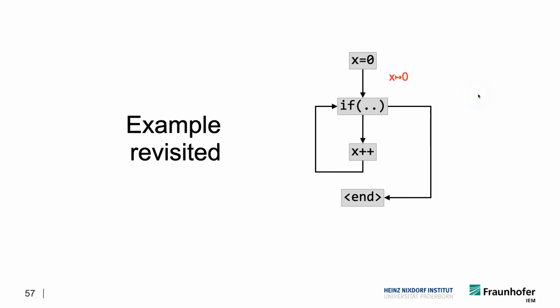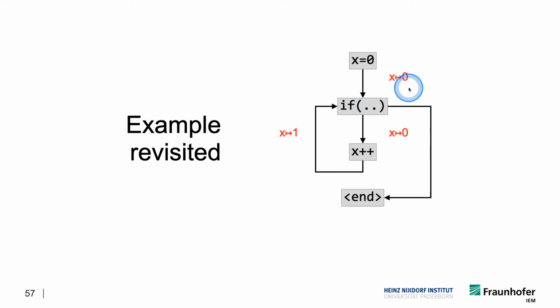But now let's assume that we actually have a mapping from a variable not to a number anymore, but to an interval. So here 0 is the interval that only contains the number 0, and we are propagating this here. And now here we get the interval only containing 1.